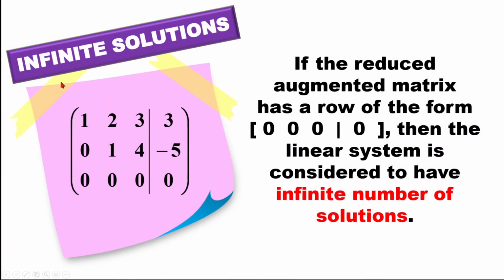Okay, let's talk about infinite solution. When the system has an infinite solution, you will notice when it is transformed into an augmented matrix that the n here has all the zeros. It will end with all zeros in the end.